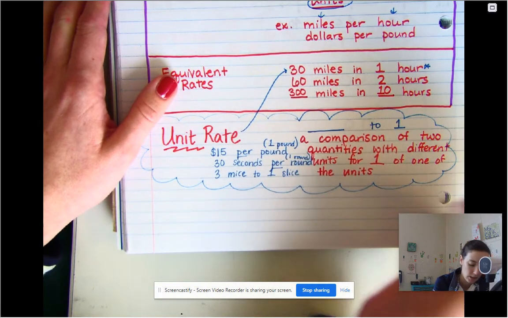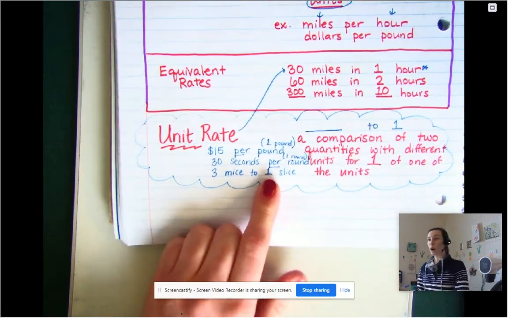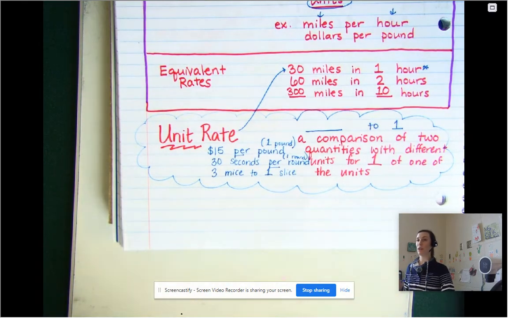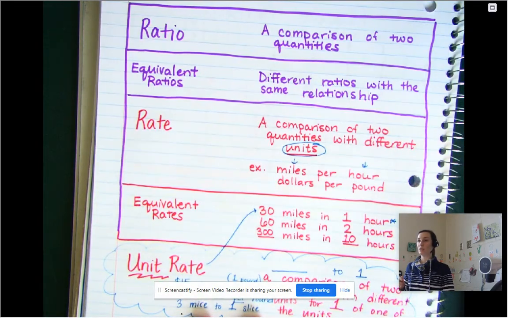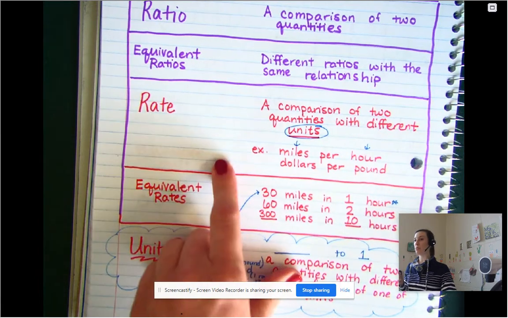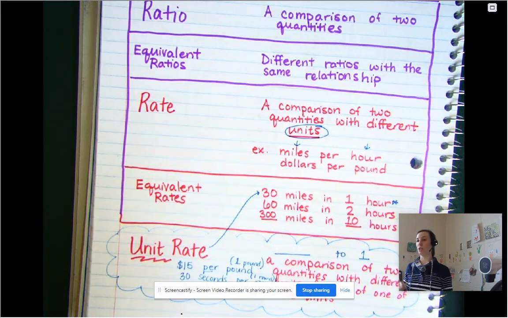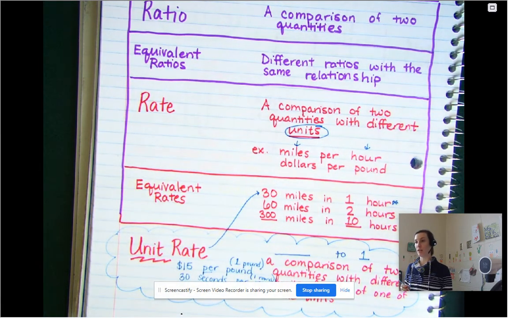I don't know. Anything where it's to 1 is a unit rate. And remember that what makes it a rate is that we have different units. We're not counting all the same thing.